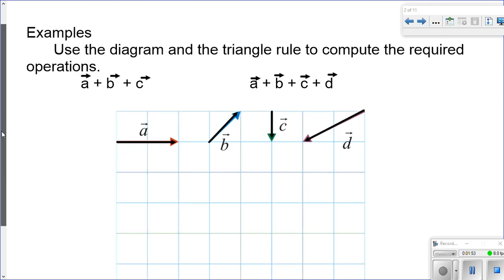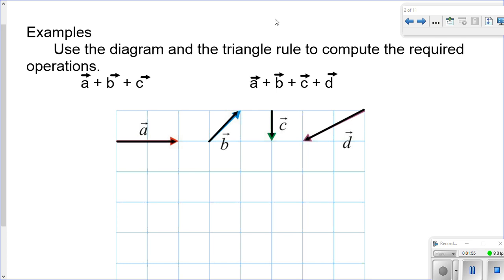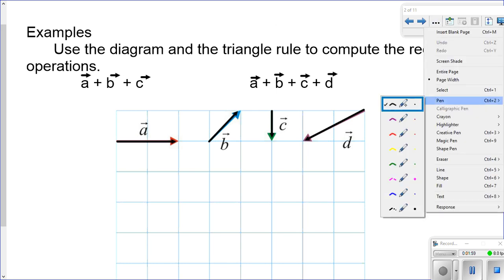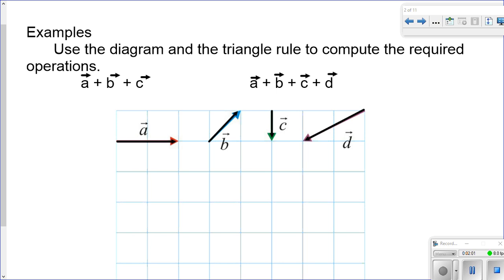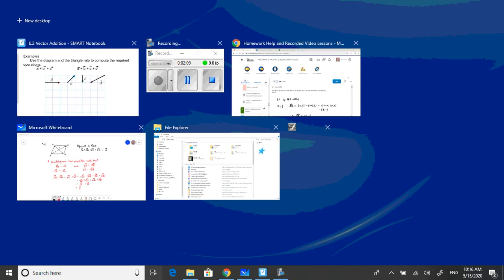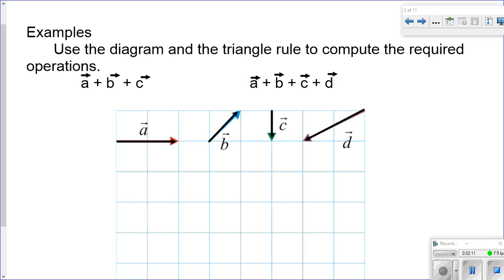We'll do a real quick example here. I'm going to do my best with this drawing. My diagrams are not going to be very good, but here are my four vectors, A, B, C, and D. I'm going to represent vector A plus B plus C. So let's do it this way: I'm going to go A. Then I'm going to add B to it, so B would be like this.